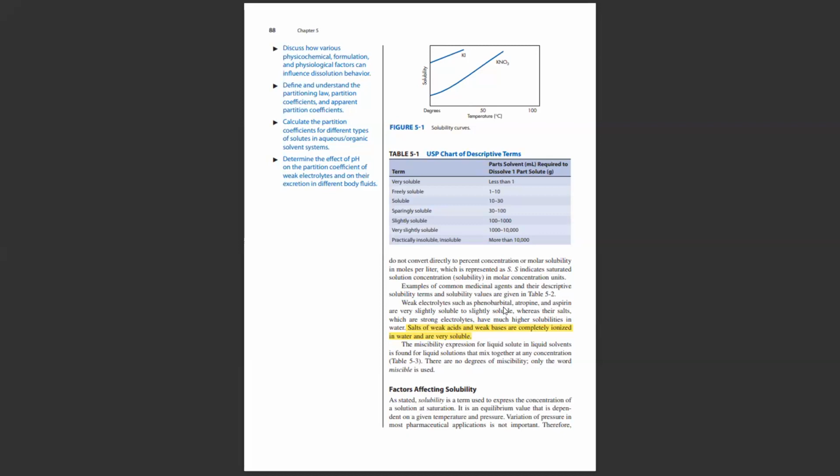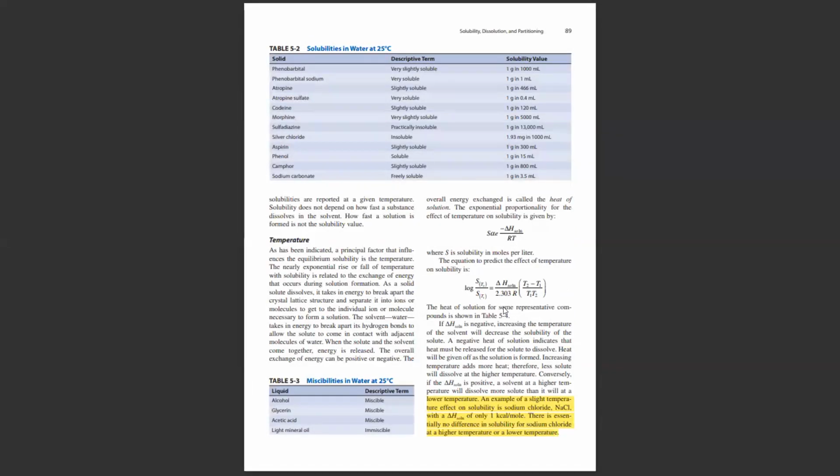So let's look at the factors that may usually affect solubility. We've already described it as the concentration of the solution at saturation, that is, when it's at equilibrium, at the given temperature and at the given pressure. Let's start with the most common, which is temperature.